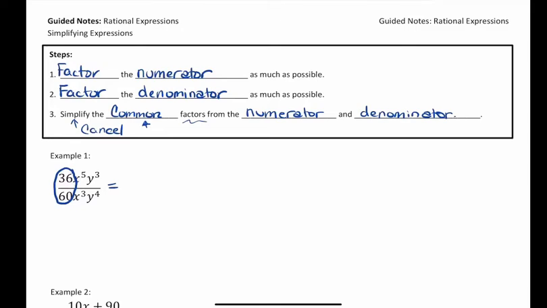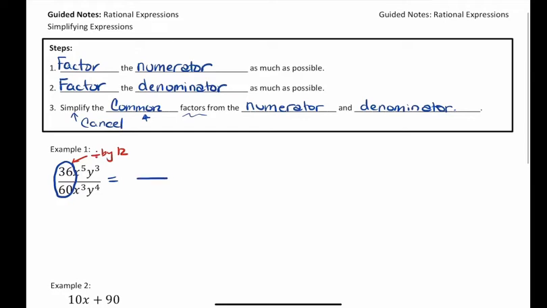You might think 6 works, but that's not the greatest. You can also divide by 12. 36 divided by 12 is 3, and 60 divided by 12 is 5, so you get 3 over 5.